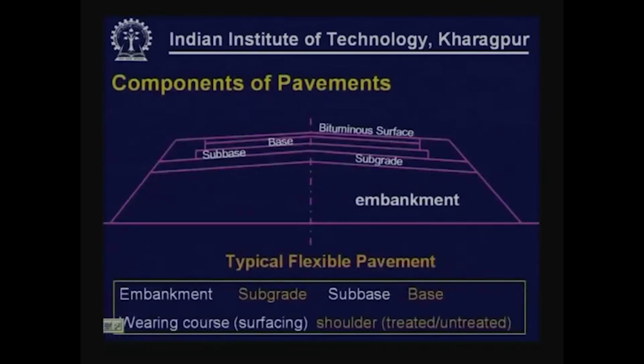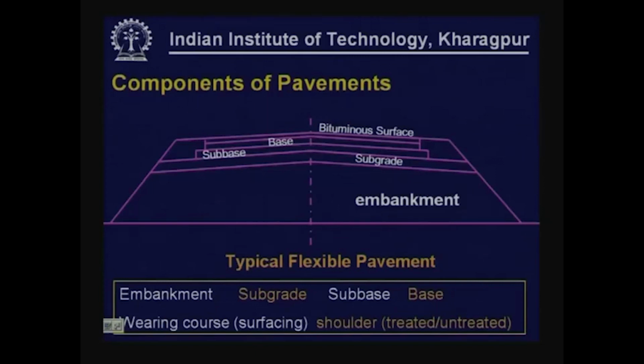As was seen in the earlier lessons, flexible pavements and concrete pavements have different components. What you see here is a typical sketch of a flexible pavement. It has, as listed below, embankment, subgrade.